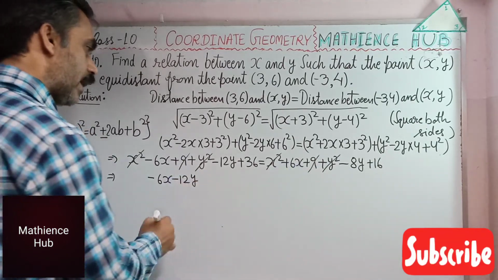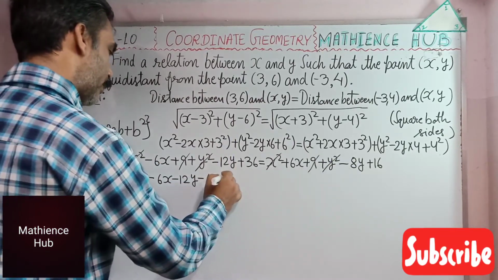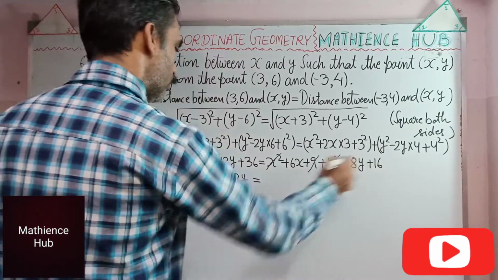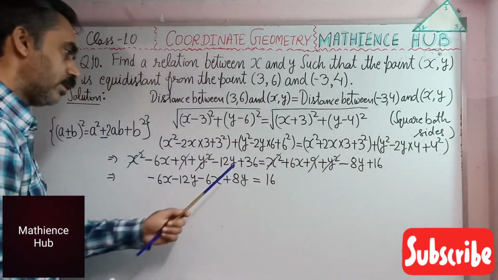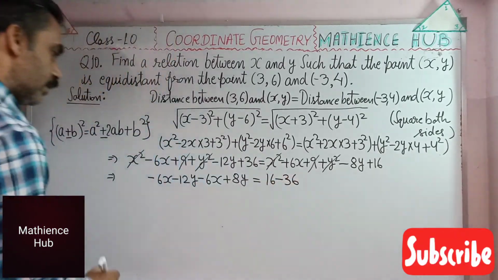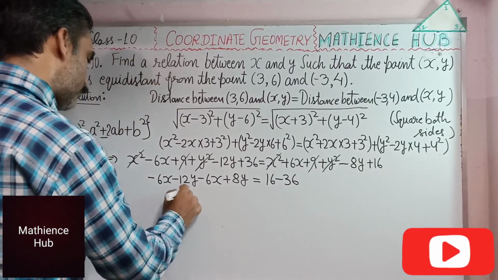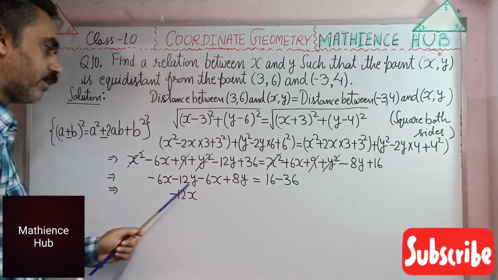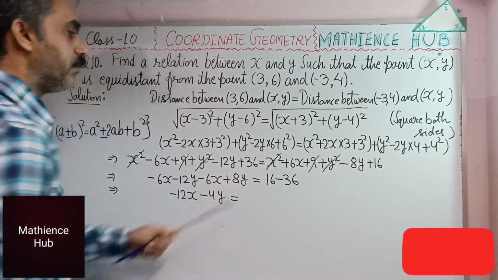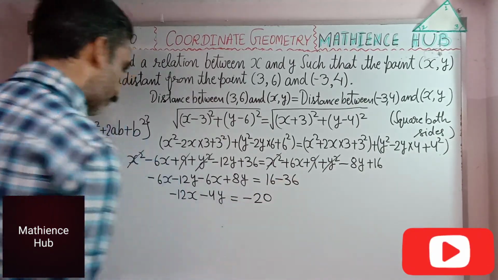Here 6x on the right, transposing 6x and 8y, plus 8y equals 16. 36 goes to the right hand side as minus 36. Minus 6 minus 6 is minus 12x, minus 12 plus 8 is minus 4y, and 16 minus 36 is minus 20.